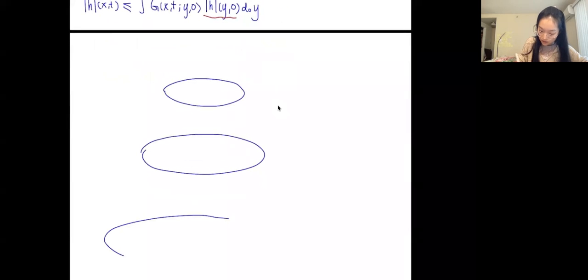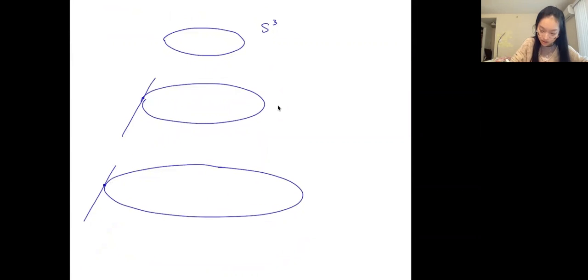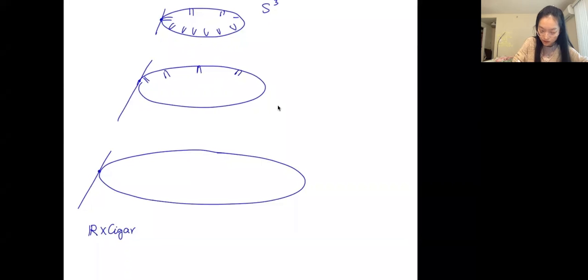This is defined on S3, but if you take a backward limit at some fixed point, then this will converge to R cross cigar. So basically, you will get a lot of R cross cigars on the boundary of this ancient pancake here.